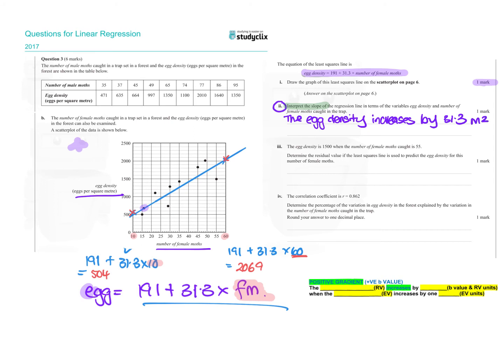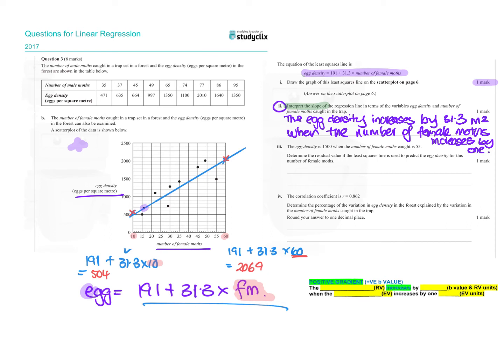So metres squared when, and I've got to put the E, so the number of female moths increases by 1. By 1, you could say 1 moth, or you can just write 1.